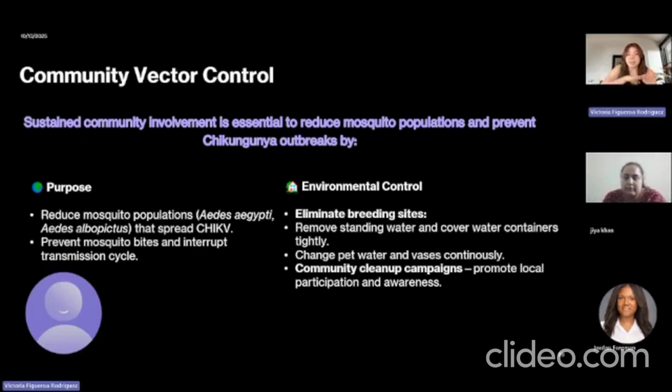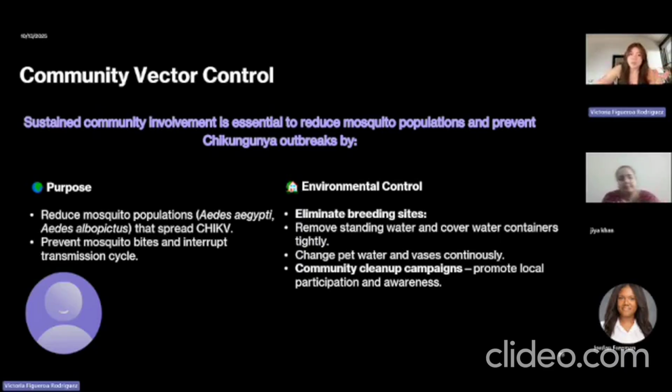And this is pretty important because when it's sustained, when the community gets involved together, they can actually reduce a lot the population of these mosquitoes and prevent not only chikungunya but other diseases and viruses that we know are transmitted by mosquitoes.